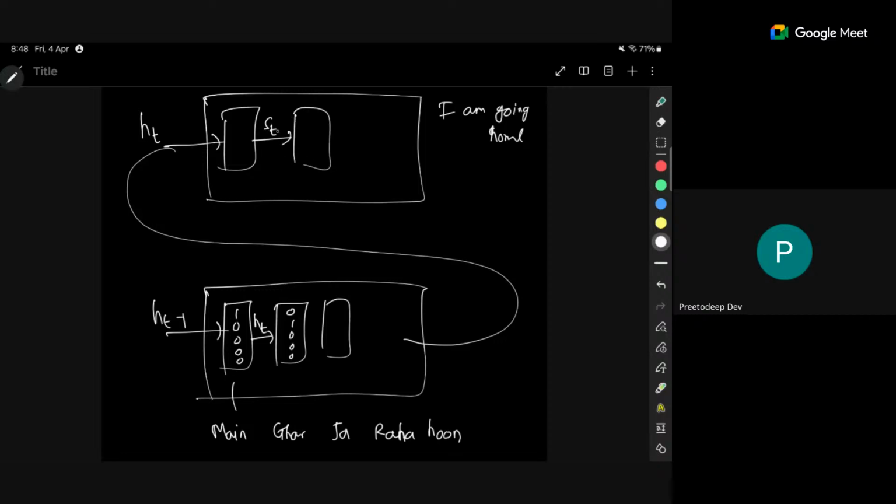Now I'm calling these s1, s2, something like that, right? So this is going to be h1, this is h0, this is ht, whatever you get, 5 in our case, and h2, something like that. This equation and all, if you write RNN, you will get it, right? So that's how you can write the equation.